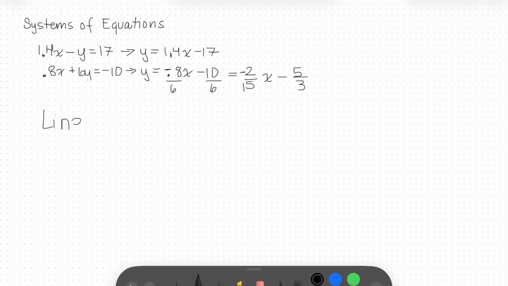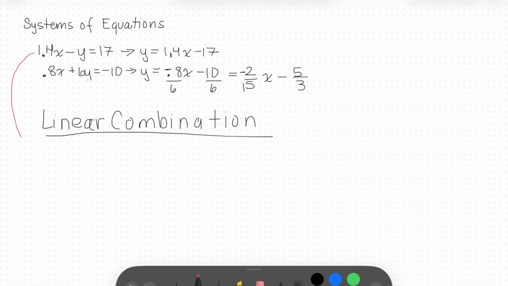You might not know it by this name, but you might know it as subtraction. Maybe you say, oh, we'll subtract the equations. So what I'm going to do is multiply this first equation by 6.